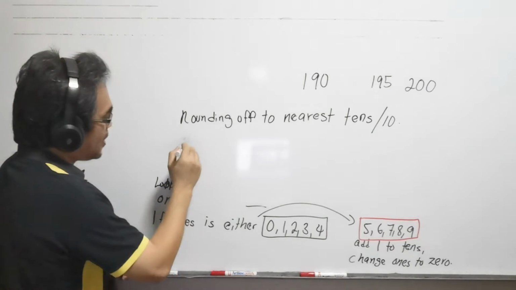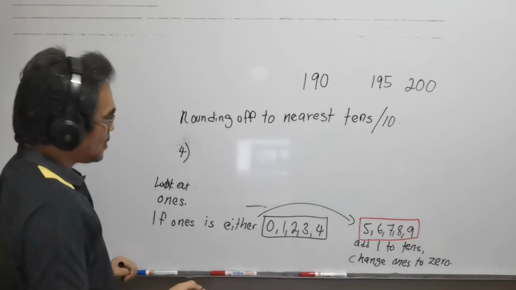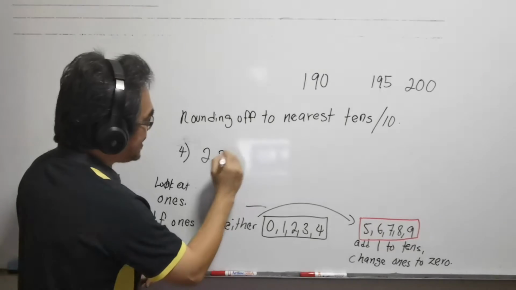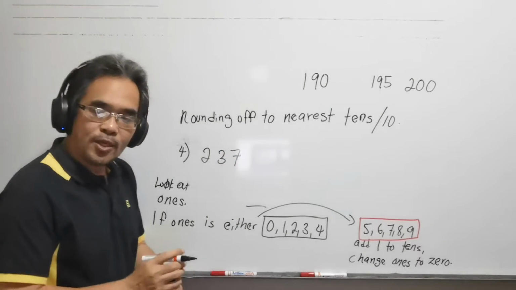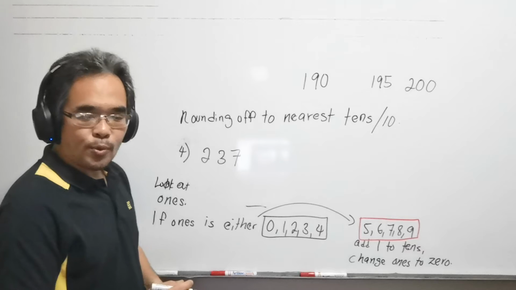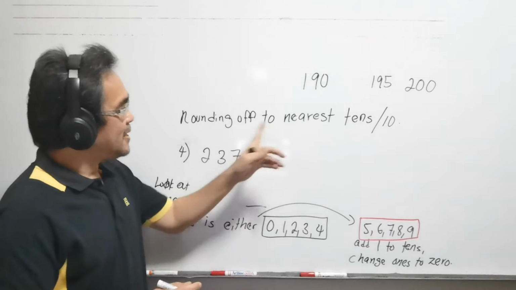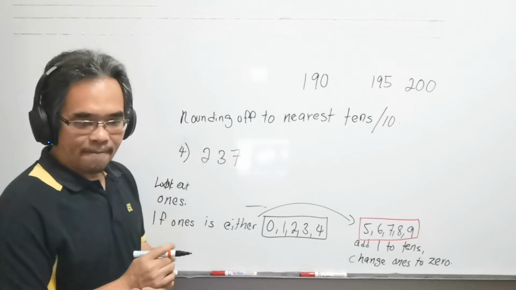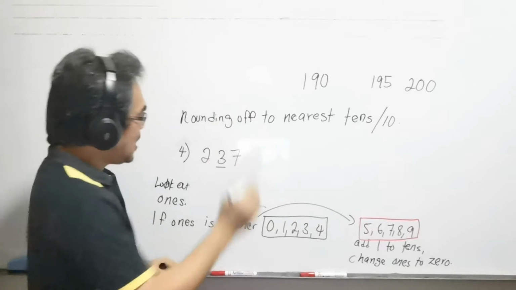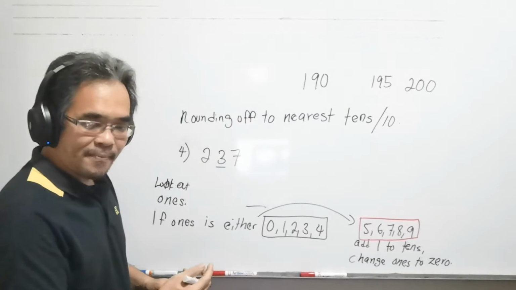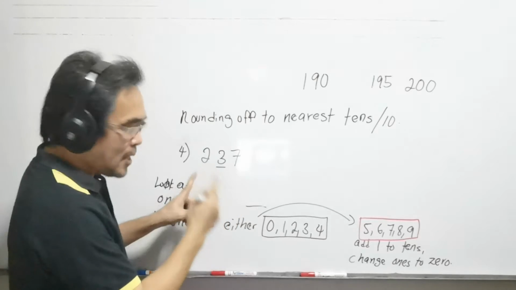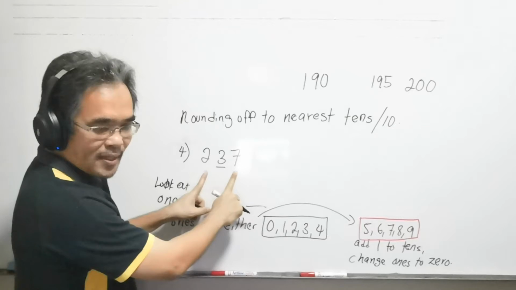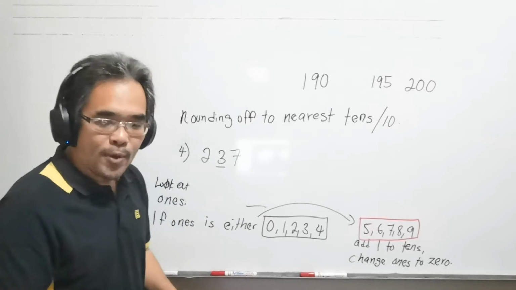Again, question number 4. 237. I need your help. What do we have to do first? Underline tens. Which number represents tens? 3. After that, which number do we look at?